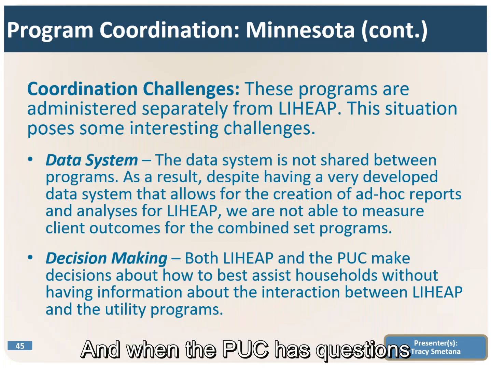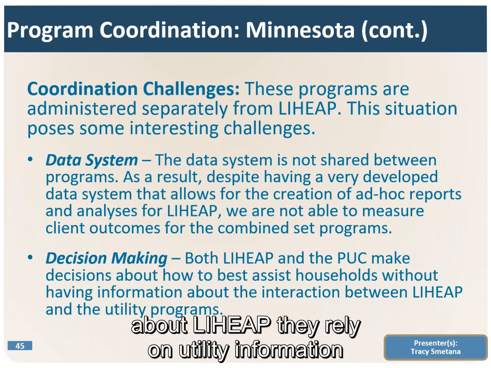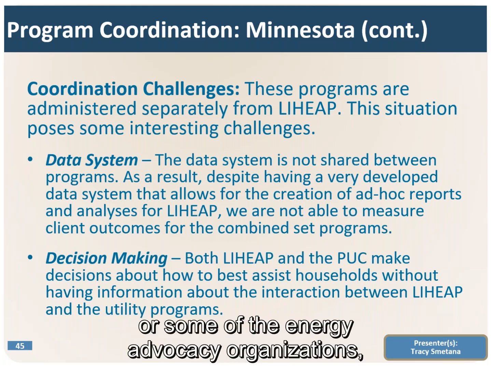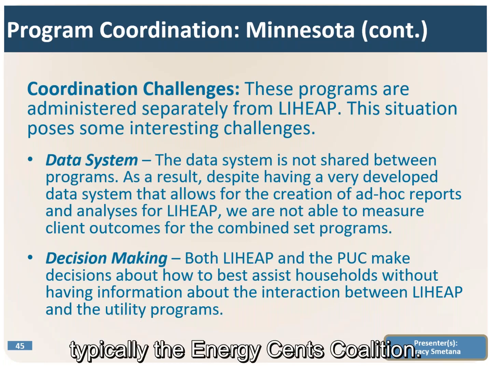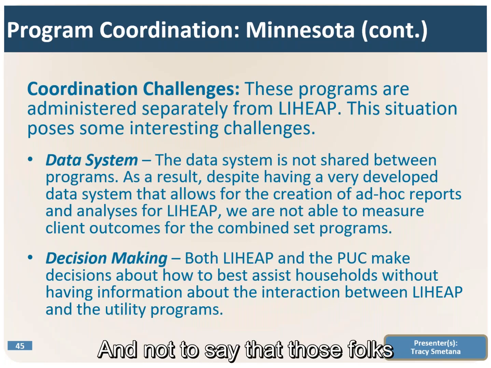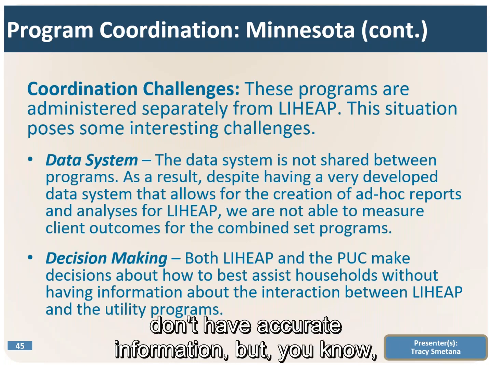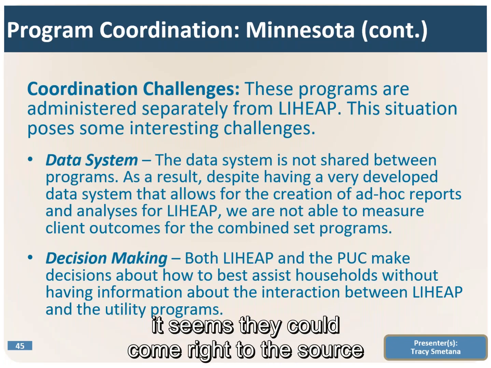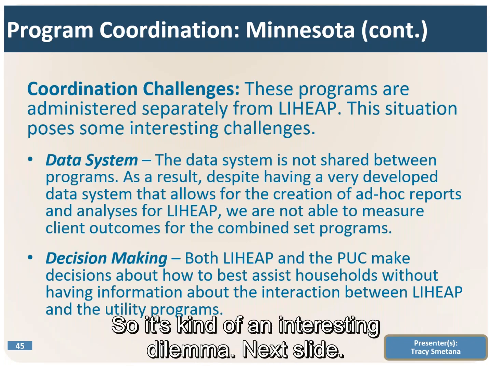And when the PUC has questions about LIHEAP, they rely on utility information or some of the energy advocacy organizations, typically the Energy Sense Coalition. Not to say that those folks don't have accurate information, but it seems they could come right to the source to get that information as well. So it's kind of an interesting dilemma. Next slide.